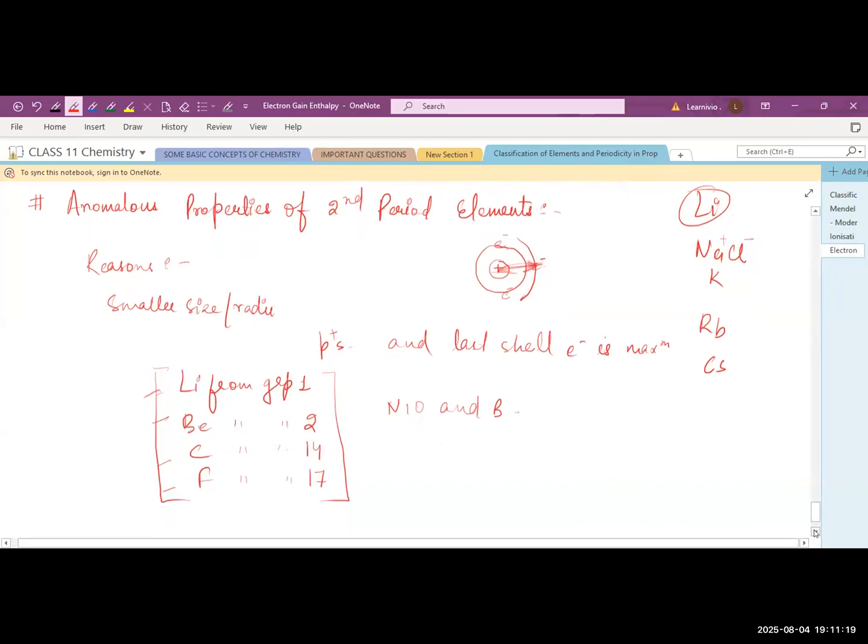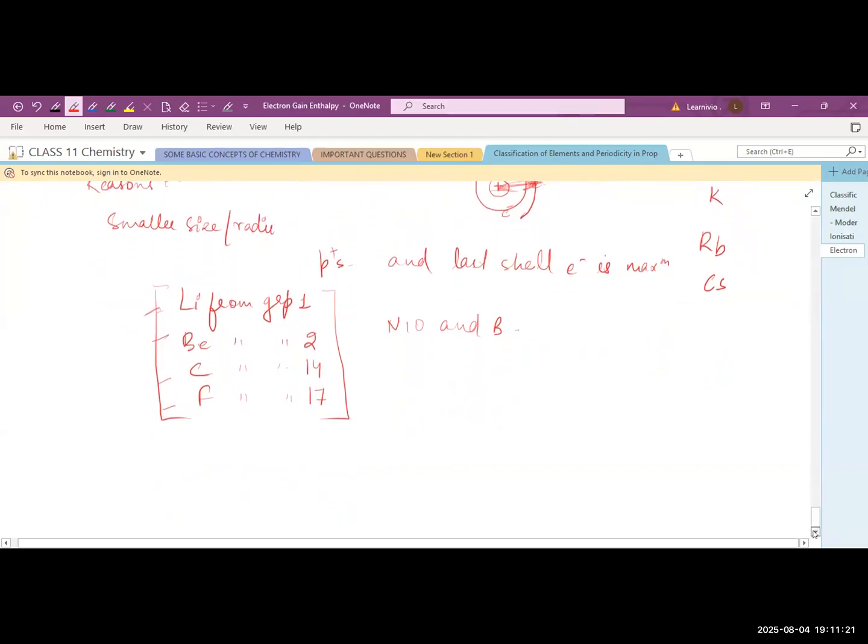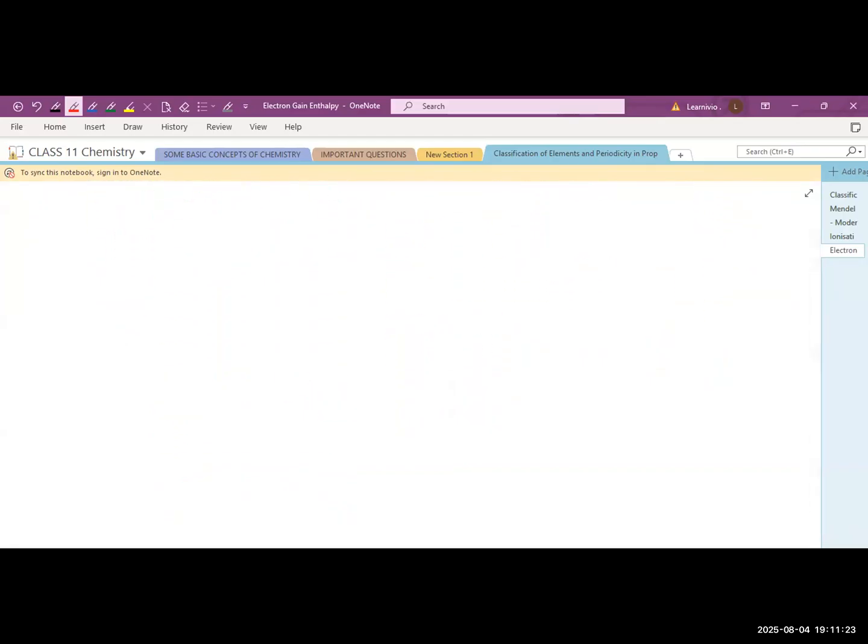मैंने homework में I think question भी दे रखा था. Let me check. Let me check what was the question. And maximum students ने वो question गलत किया. Just a second. Let me check what was the question.